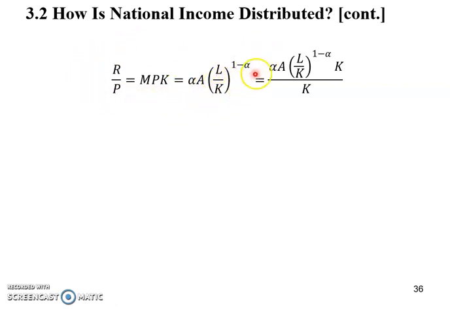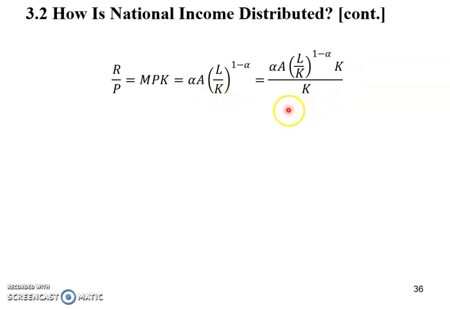This is what we already derived from the previous discussion. Because this time we're changing the units of capital, what we will do is multiply by K and divide by K, so that the equation will still hold.